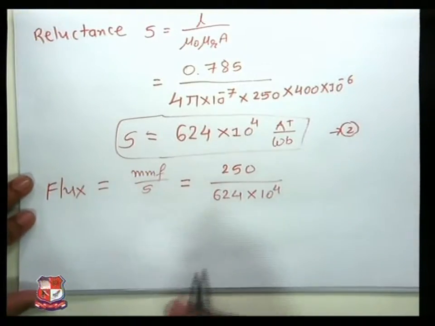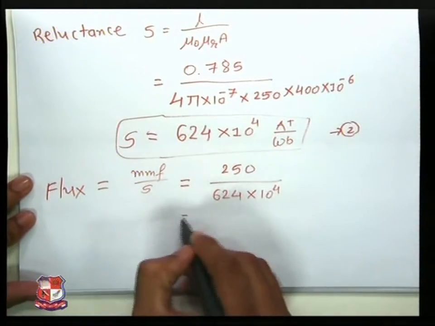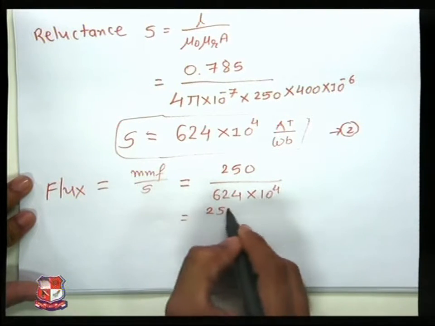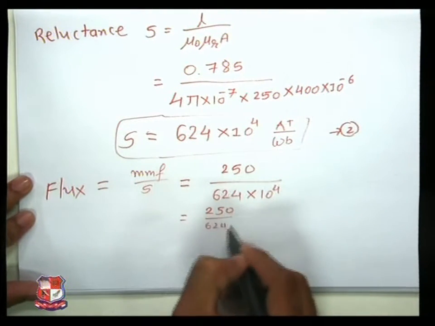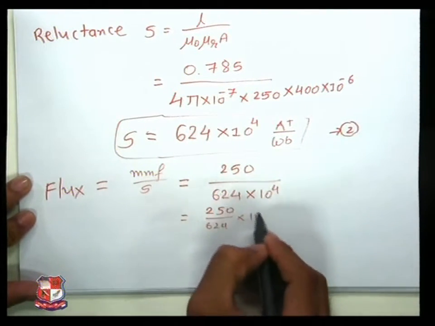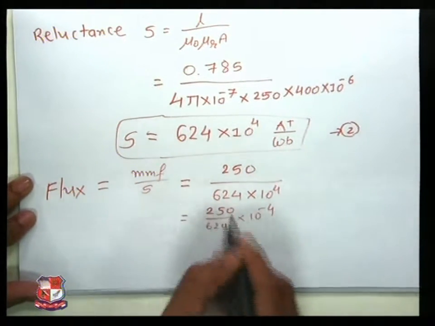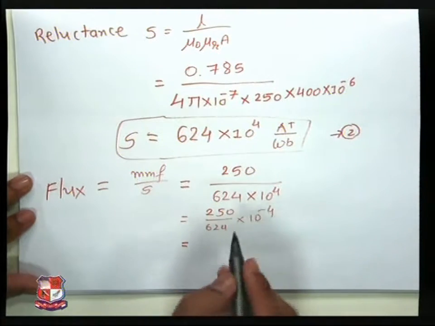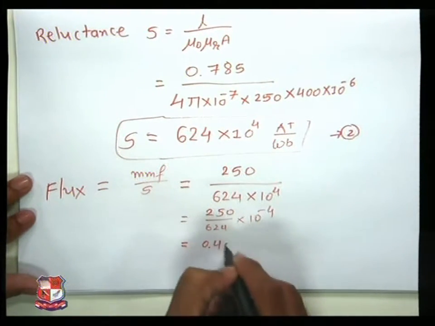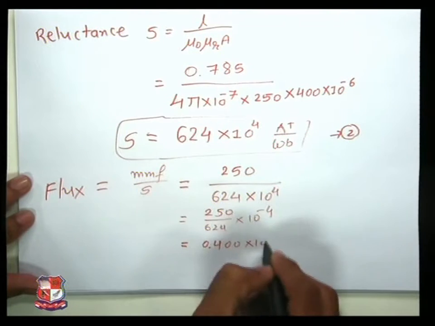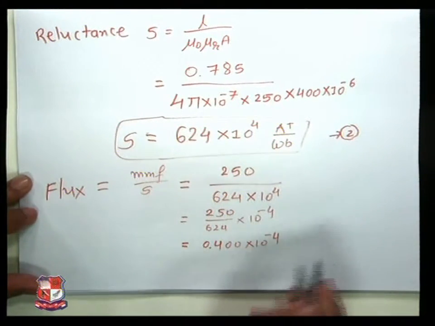Solve this term, we get 250 upon 624 into 10 raised to 4. 10 raised to 4 goes in the numerator, it becomes 10 raised to minus 4. Solution of this term gives 0.400 into 10 raised to minus 4.